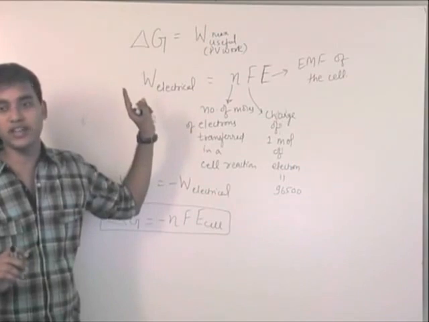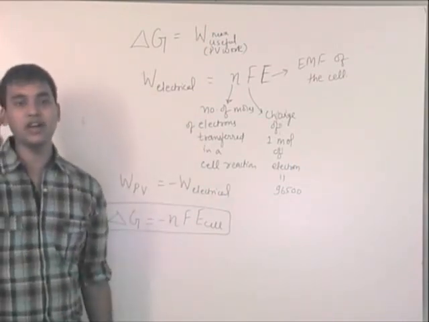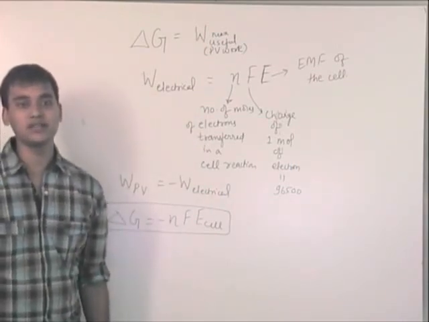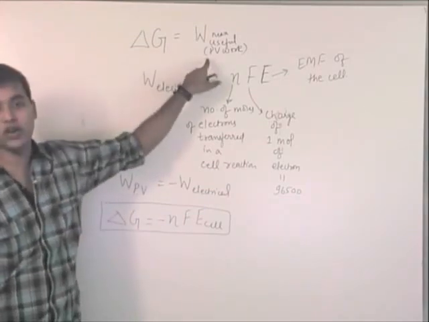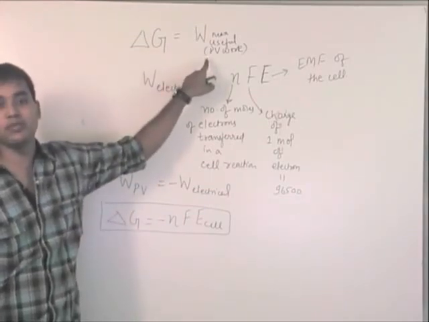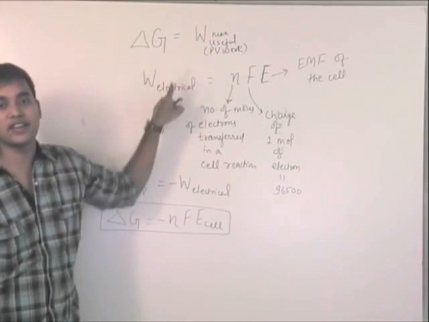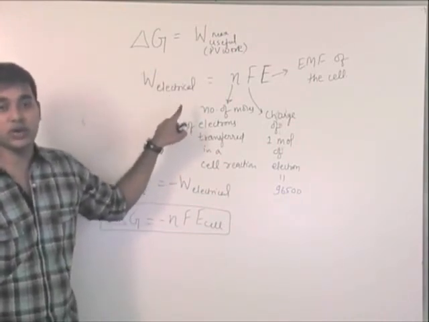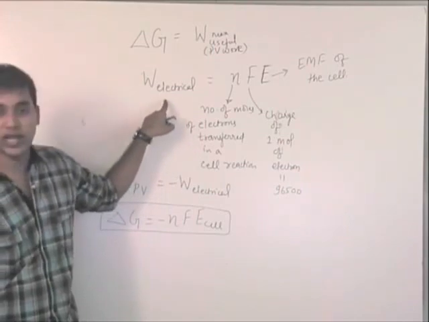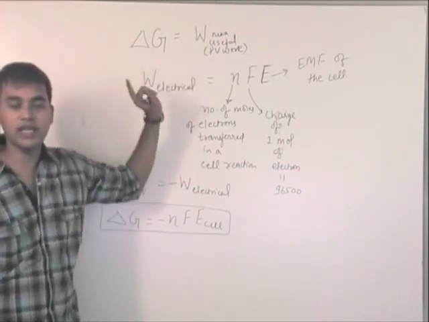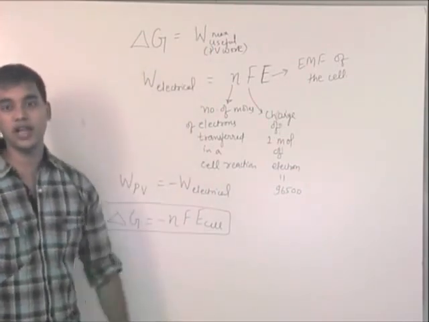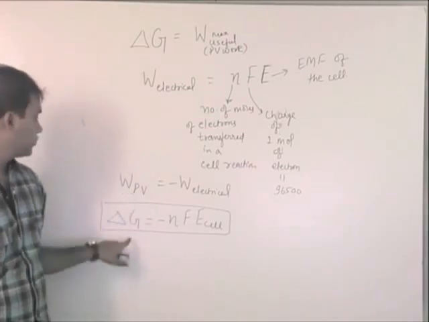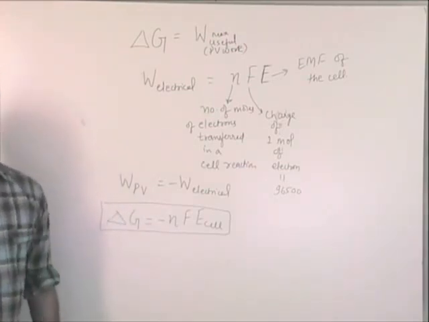If you remember during the derivations, we always write the PV work as minus P delta V, right? So in delta G, what we can obtain is the maximum useful PV work, not the electrical work. And the summation of all these work should be equal to 0. So if I have electrical work as W electrical, W PV will be minus of W electrical. Clear? So that's why you get this equation.